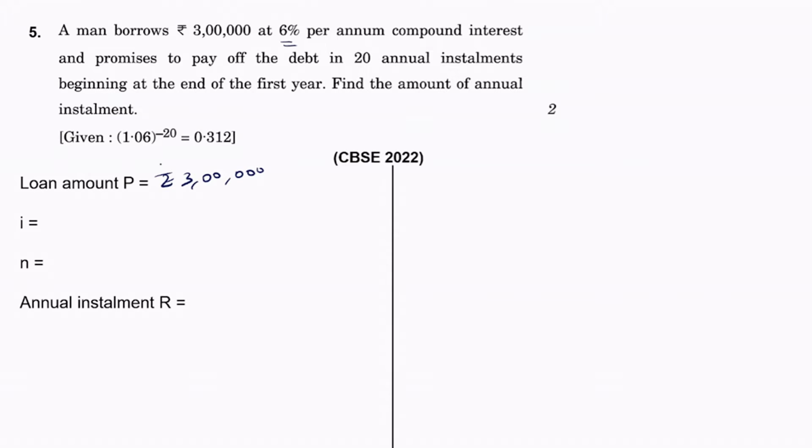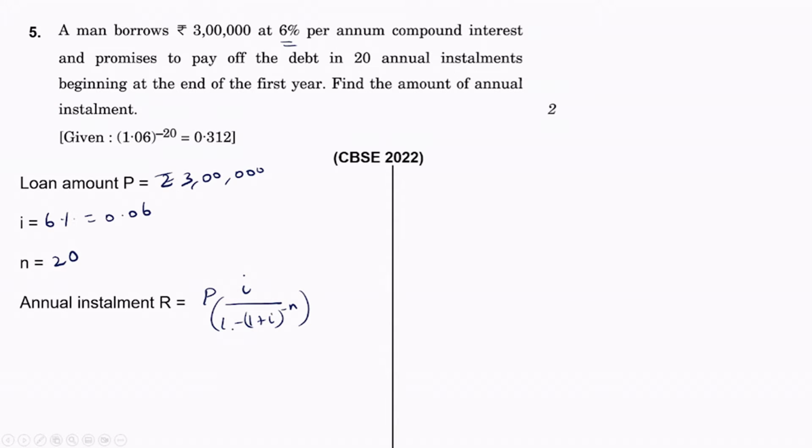The rate of interest is 6% per annum. So it is 0.06, and here n is the number of installments which is 20. So the annual installment R is given by P into I upon 1 minus 1 plus I the whole raised to minus n.